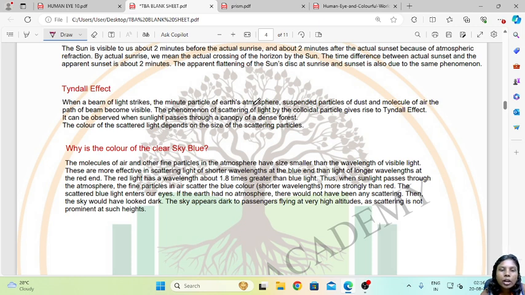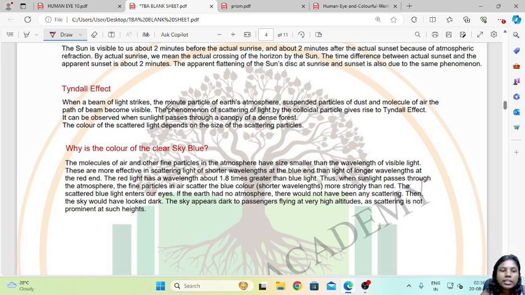This phenomenon of scattering of light by colloidal particles gives rise to the Tyndall effect. If you have seen a roof with a small opening, you see a beam of light that is entering. In that, you see suspended dust particles, and this phenomenon of scattering of light by these colloidal particles is known as the Tyndall effect.